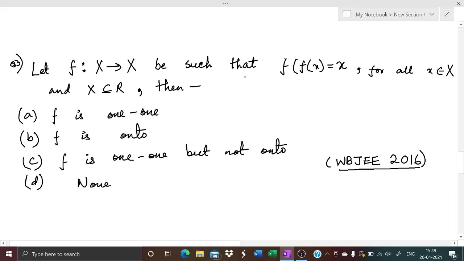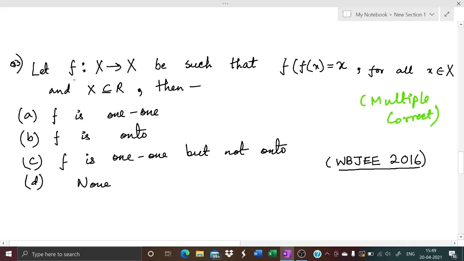Okay, this question came in JEE 2016 and this is a multiple correct question. Multiple correct. So let's see.